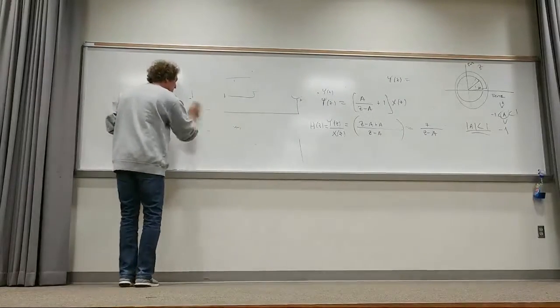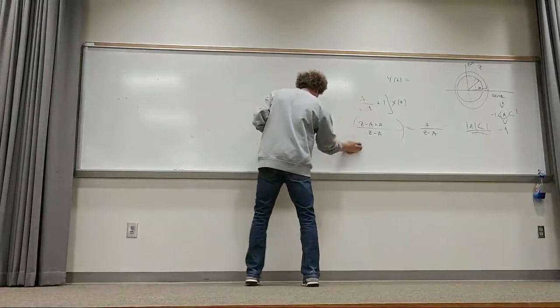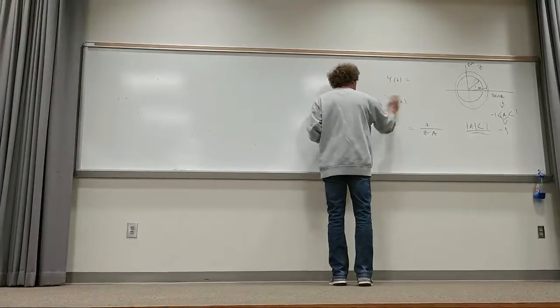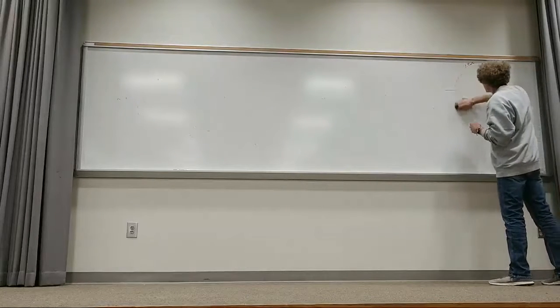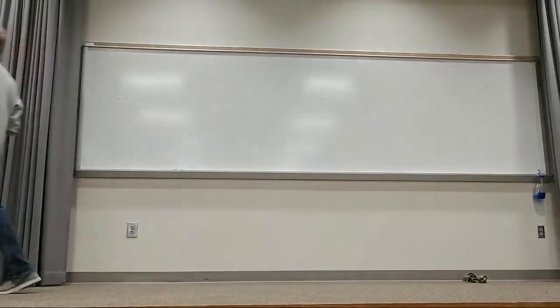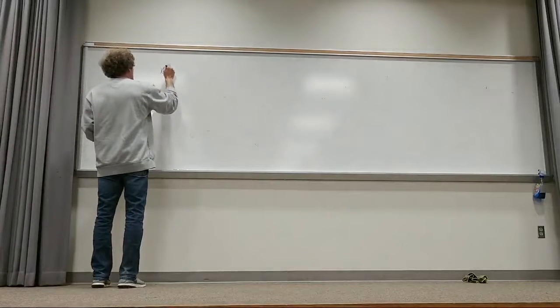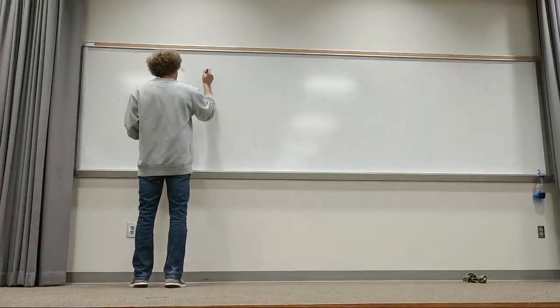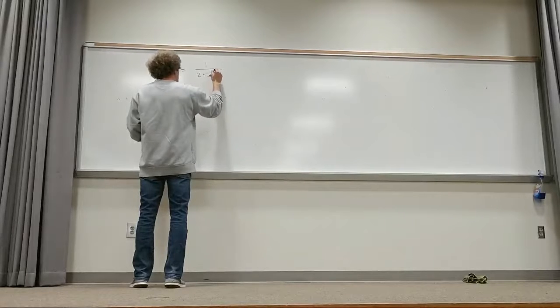Next, after this, we had the last problem. I gave you X of omega equal to 1 over 2 plus e to the j omega.